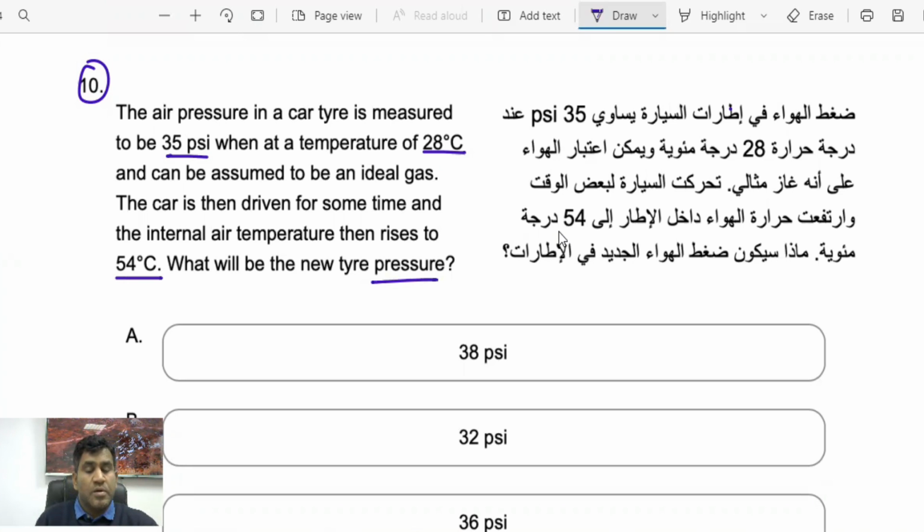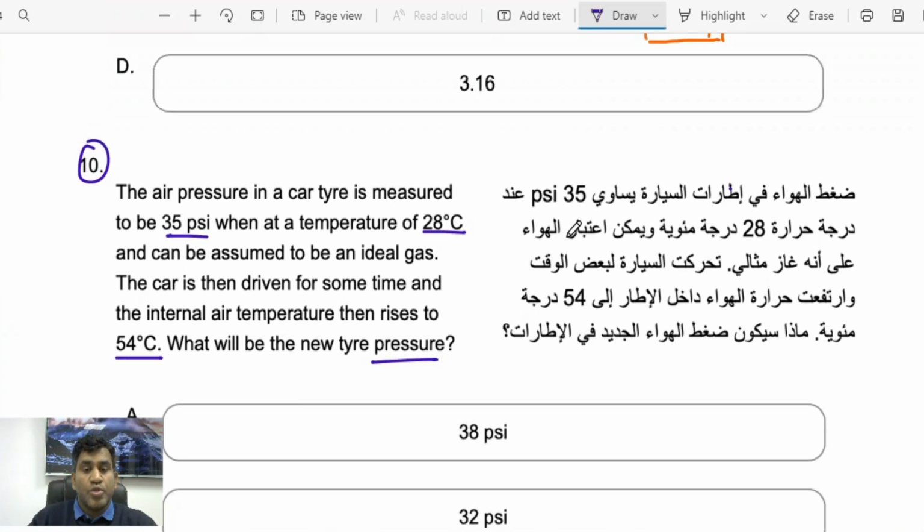Initially this was the pressure when the temperature was 28 degrees Celsius. Now, when the car has run for some time and the internal temperature is 54 degrees Celsius, what will be the pressure? This is again a formula based question.